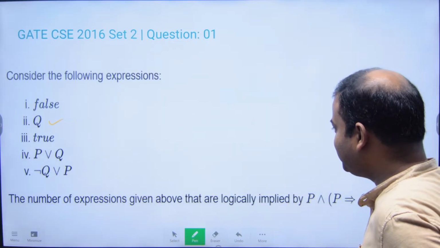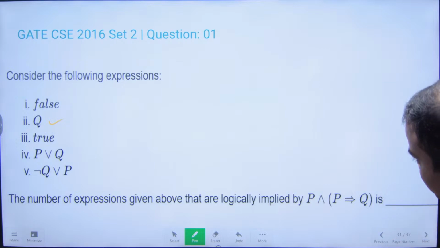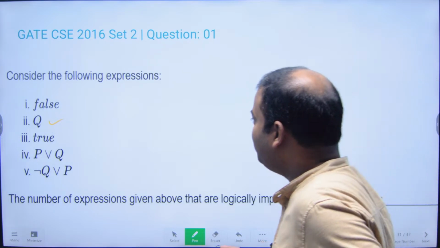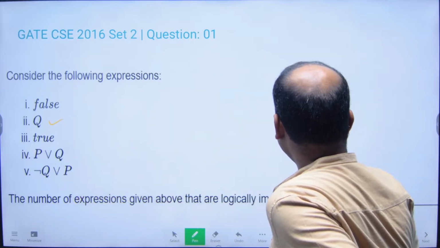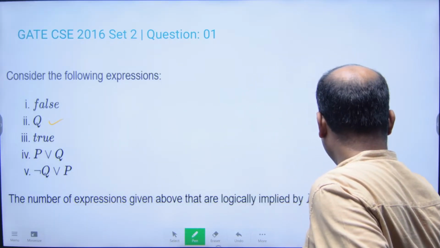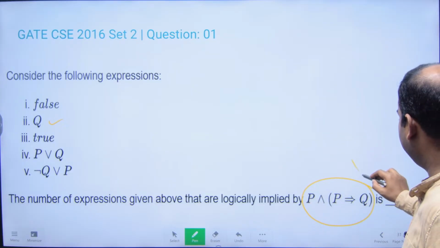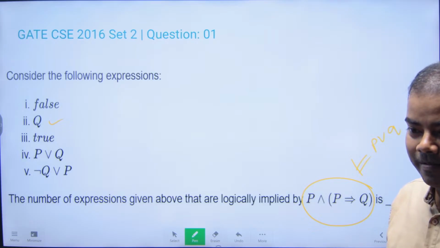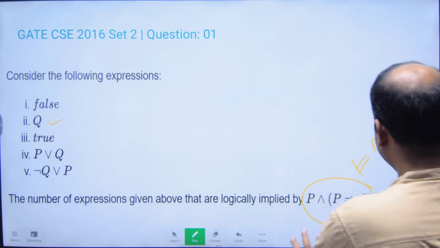Now the question is, read the question again. The number of expressions given above that are logically implied by this. So actually you have to tell which among them, if this is given, can you imply this, P or Q?